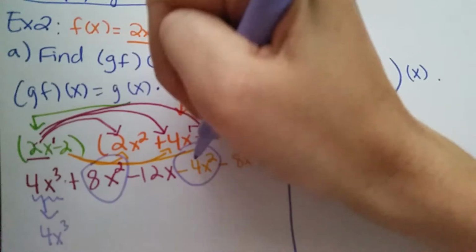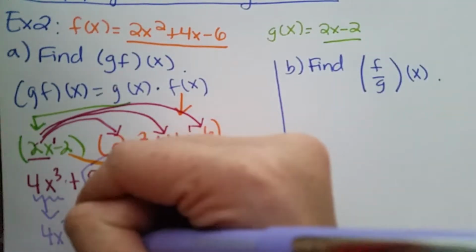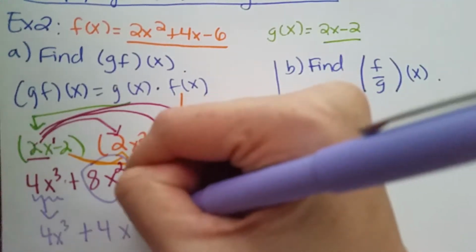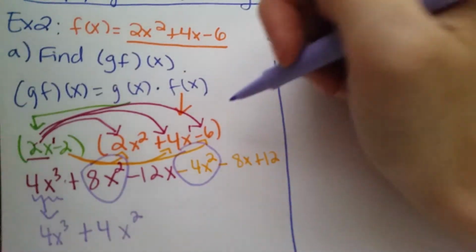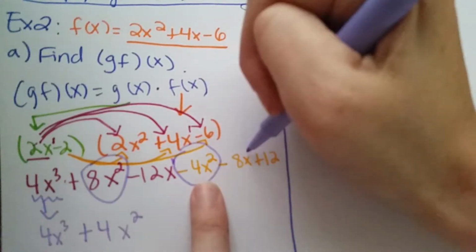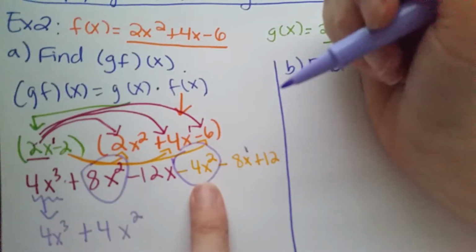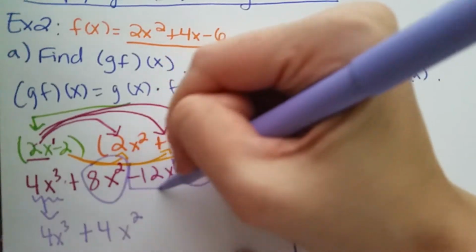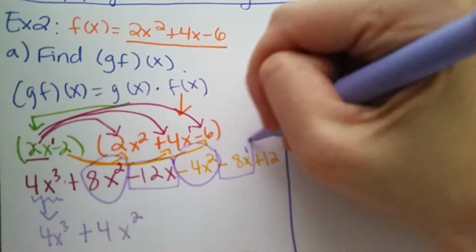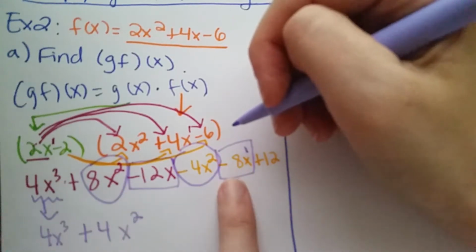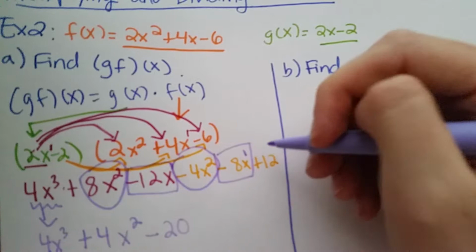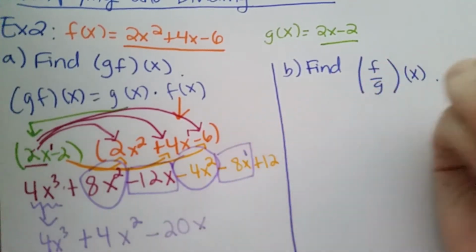So 8 minus 4 gives me a 4, and I leave my x squared alone. My next highest exponent terms are my x terms, because remember, if I don't see an exponent, there's a 1 hiding out. So negative 12x minus 8x: negative 12 minus 8 gives me negative 20, and we leave the variable alone, so it'll just be an x.